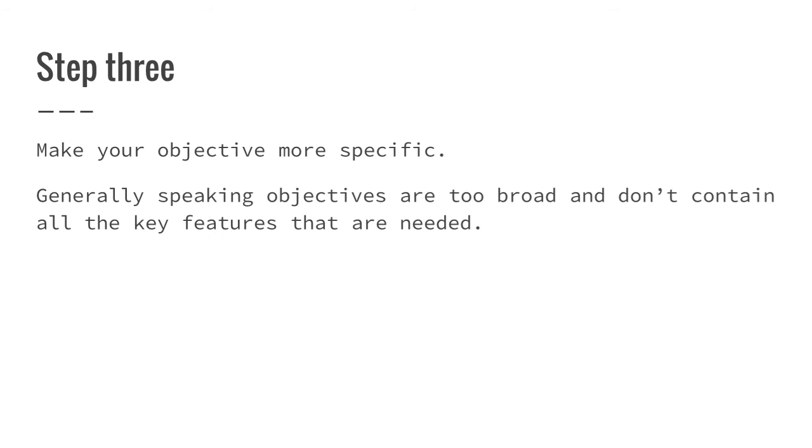Next step is make your objective more specific. And this is tricky, but usually when people first make objectives, they're too broad, and also they don't contain all the key features that are needed, right? So you want to include what we call the conditions under which the objective will be met.